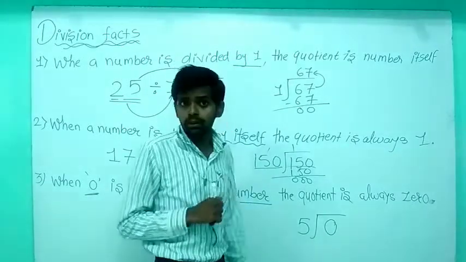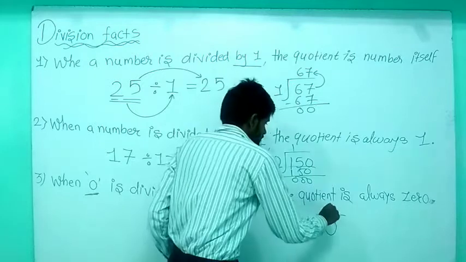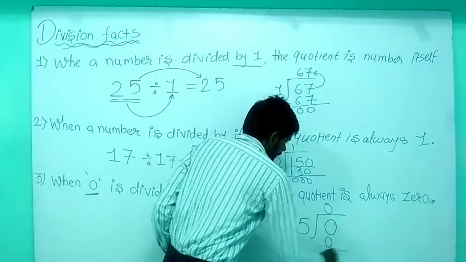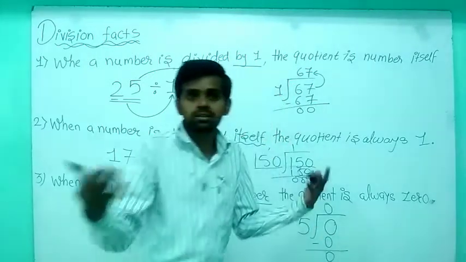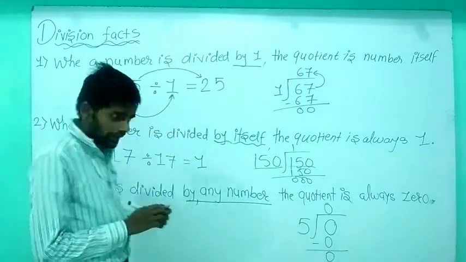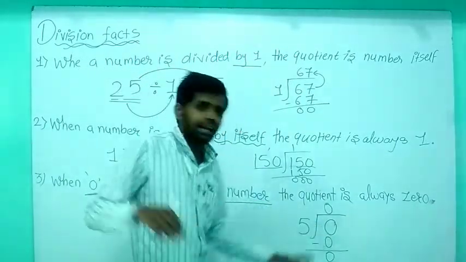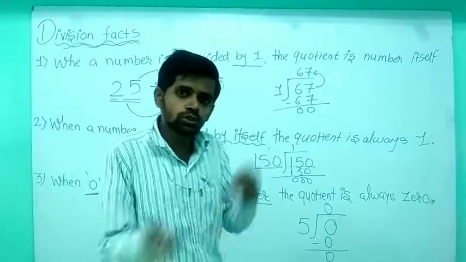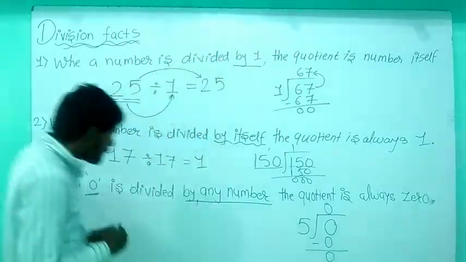So what we will do is write zeros are 0, and here is also 0. That means if you are trying to divide 0 by any number, you will always get the quotient 0. You won't get anything else.